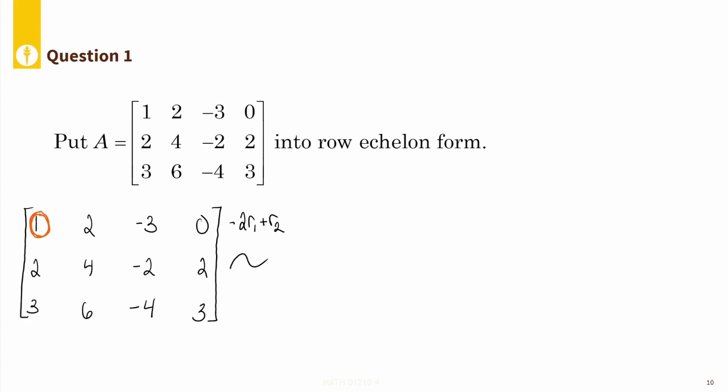So now I'm also going to look at the third row. That entry is a 3. How would you make 3 0? Subtract 3. -3, row 1 plus row 3, replace it with row 3.